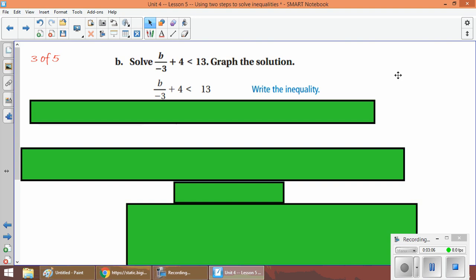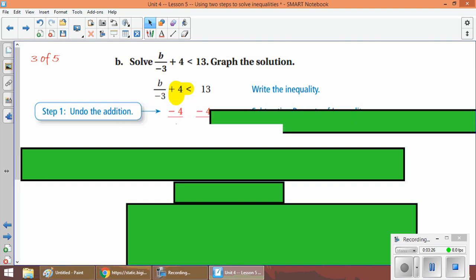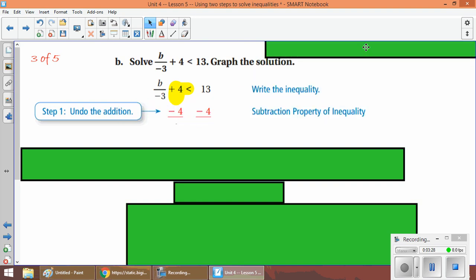Here we are on page 3 of 5. We have b divided by -3 plus 4 is less than 13. What we're going to do first in a two-step equation is undo the addition part. So the inverse of adding 4 would be subtracting 4 from both sides.